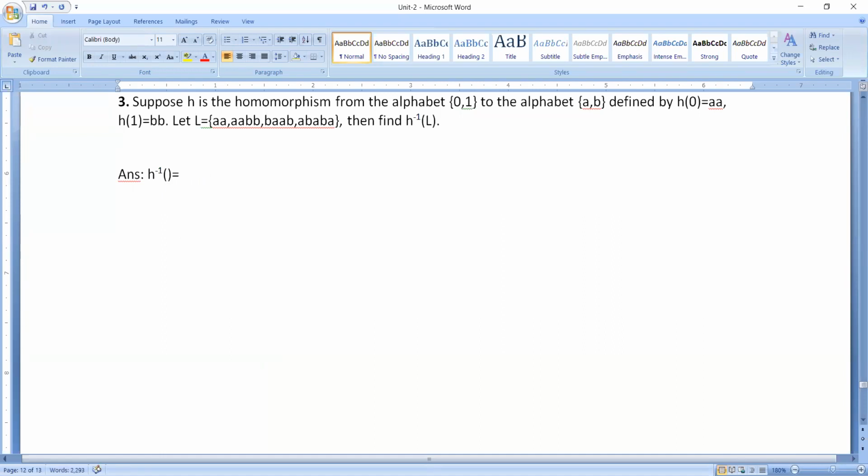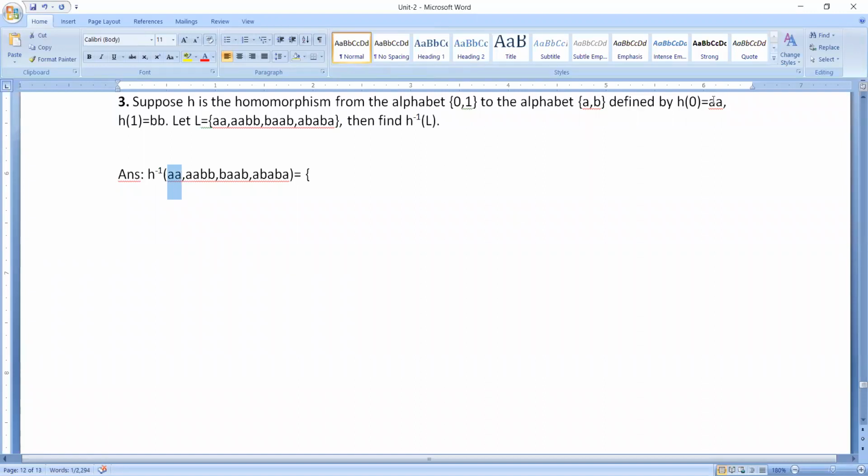We need to write for all these strings. We have so many strings available like AA, AABB, BAAB and ABA, BA. First we are going to take one string at a time.